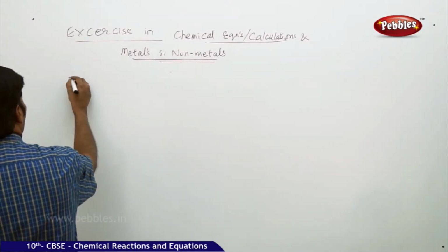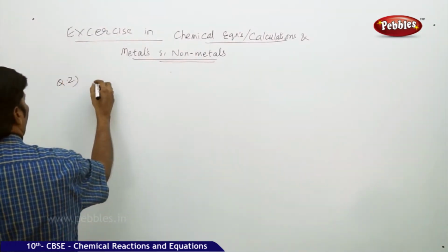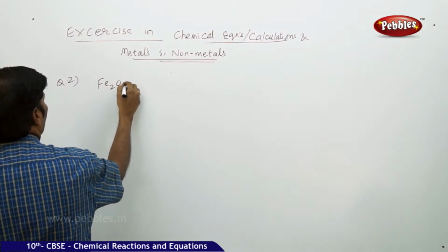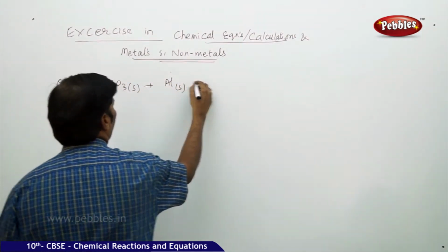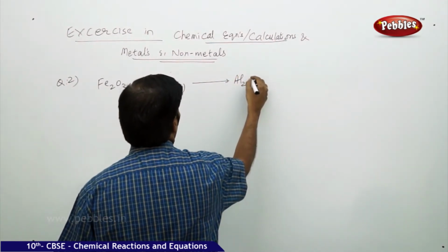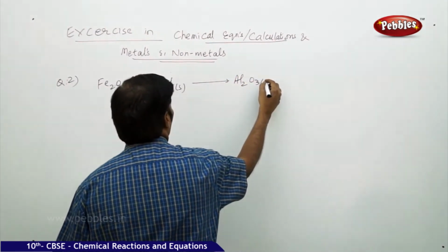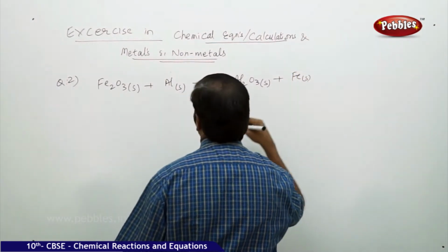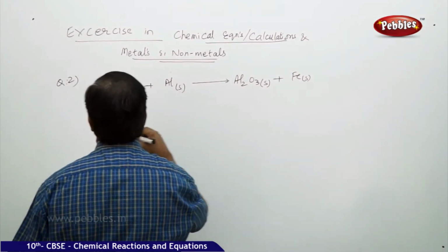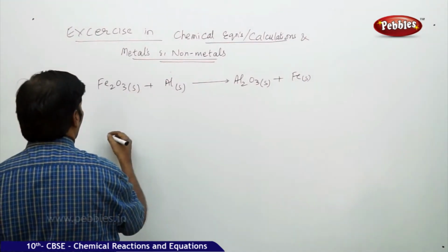The second question is Fe2O3 solid plus aluminium solid gives rise to Al2O3 solid plus iron solid. This is the equation which is given to us.